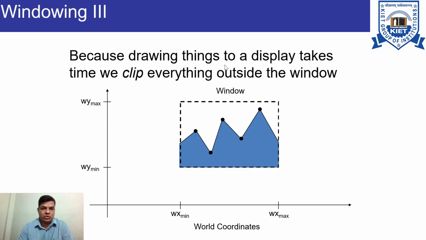Because drawing things to a display takes time, we clip everything outside the window. So the part which is not inside the window is going to be clipped, and the portion which is inside the window is going to be visible.